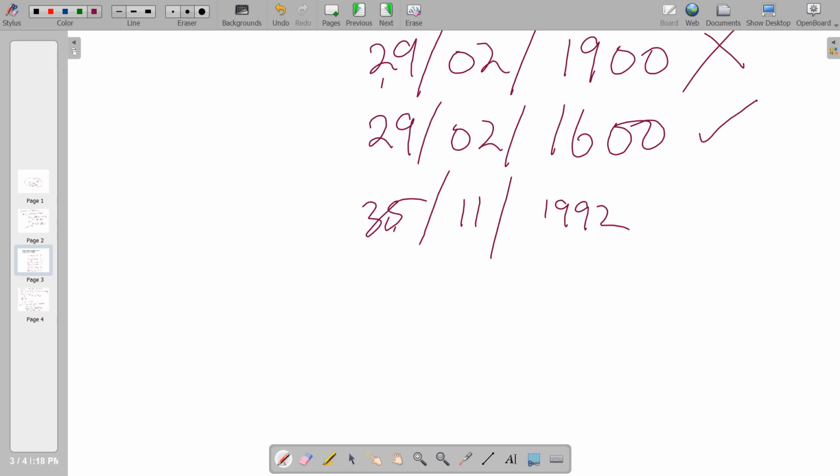No, you can tell right off the bat. So there are three things we have to learn. We have to validate the day. What is our validation for the day?